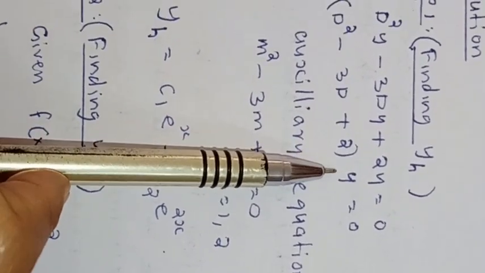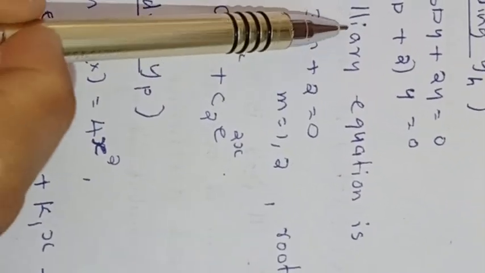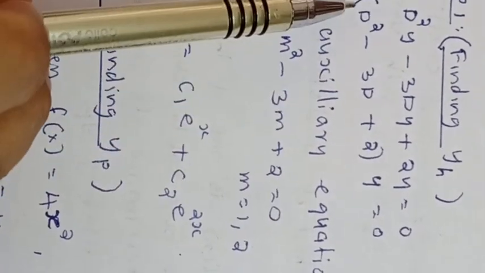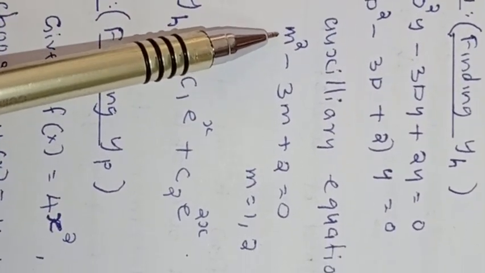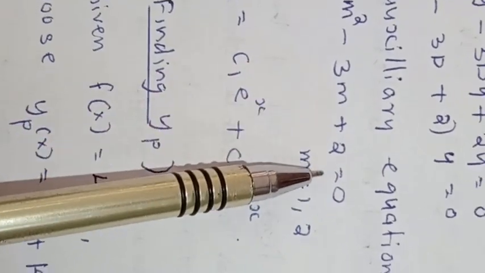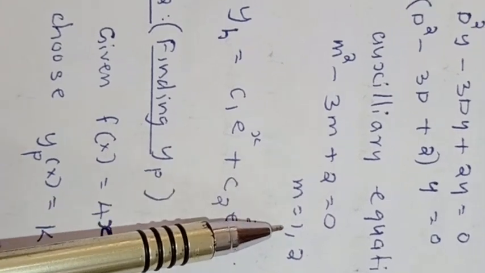Now you find the auxiliary equation. I told you an easy method for writing the auxiliary equation: you just replace D by m. So m square minus 3m plus 2 equal to 0. This is the auxiliary equation, and on solving, m is equal to 1, 2.